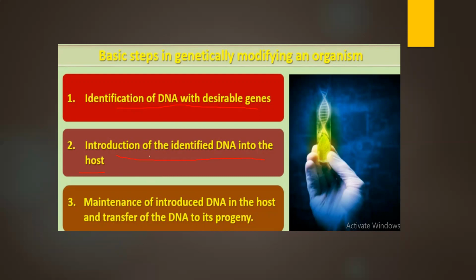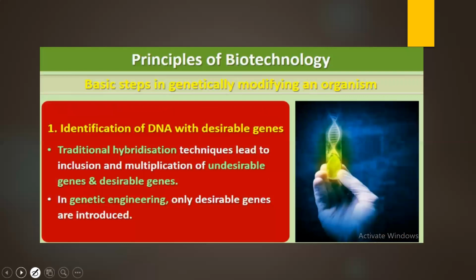Second, you have to introduce this DNA into the host, and the third basic step of producing a GMO is maintenance of the introduced DNA in the host and transfer of the DNA into its progeny. That DNA which we have introduced into the host should transfer into the progeny. So these are the three basic steps. The very first step is identification of DNA with the desirable gene.